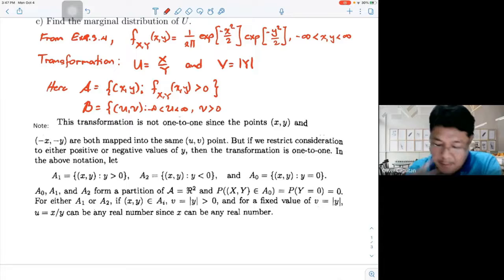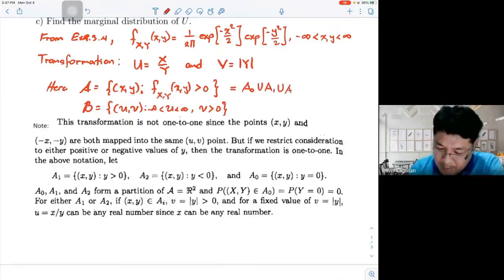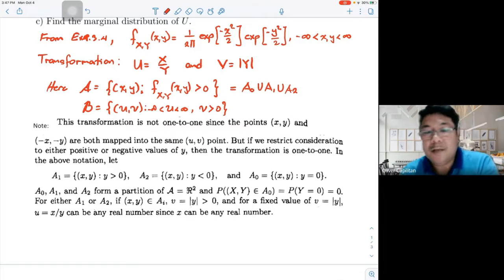Then we let script A be the union of a partition: A sub 0, union A sub 1, union A sub 2, such that the intersection of these sets is empty.